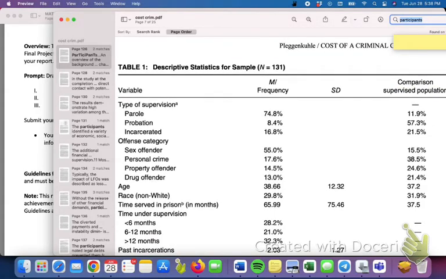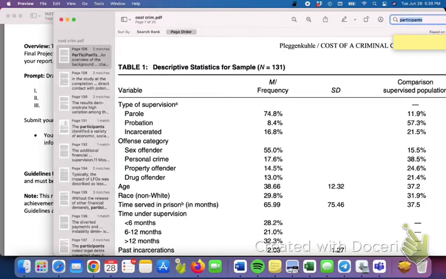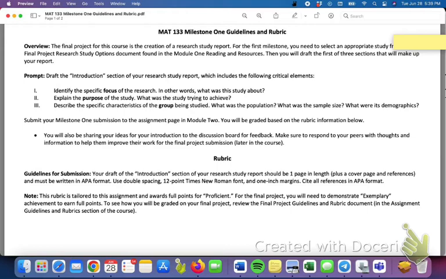In table 1, it says descriptive statistics for the sample. So it tells you their average age, the percentage of their ethnicity, and then the different categories of crime that they committed. So look for that kind of stuff in order to help you to figure out who's the sample being studied in this particular study.